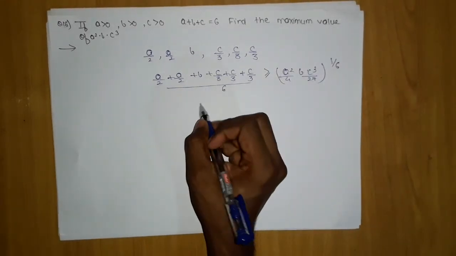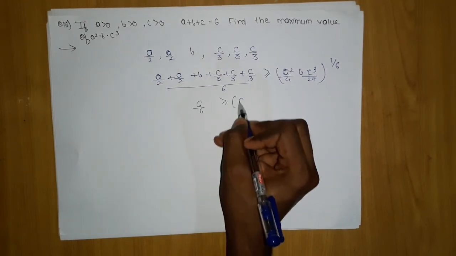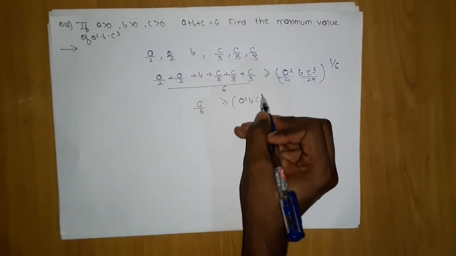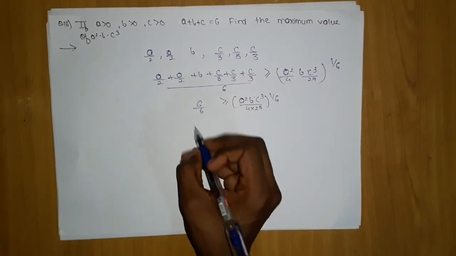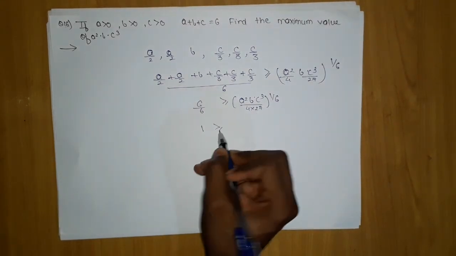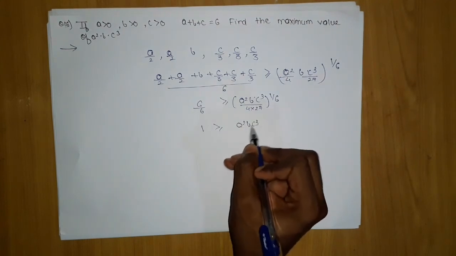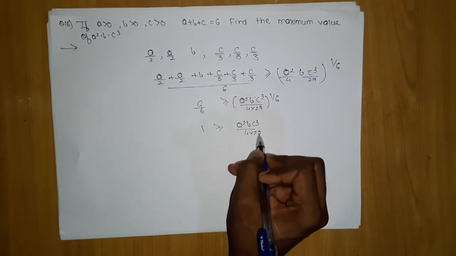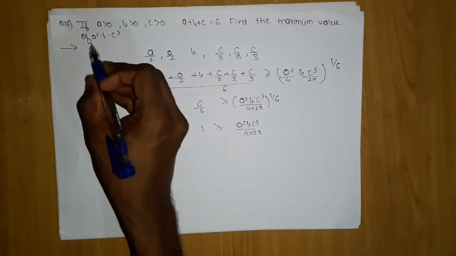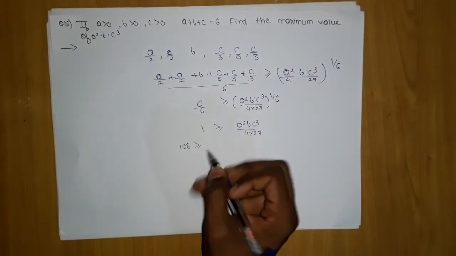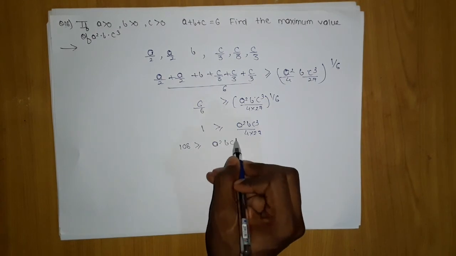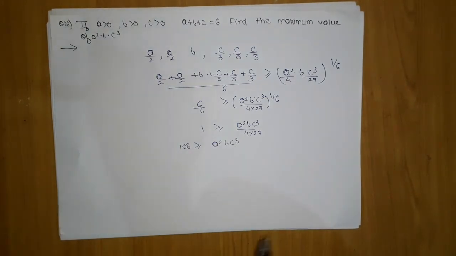This is nothing but 6 by 6 greater than or equal to a square b c cube upon 4 into 27, power 1 by 6. This will become 1. If I move the power, it will still be 1. So a square b c cube is the value which I want. And since it was asking us for a product value, it was more obvious that we should go for AM greater than or equal to GM. So we got our answer, which is 108.